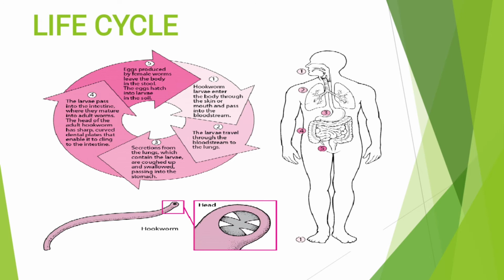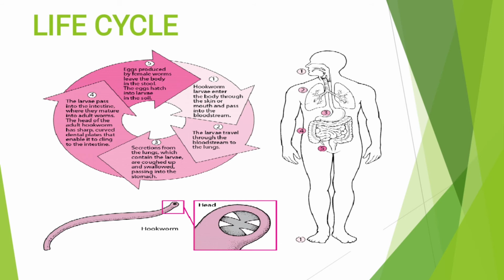The head of the adult hookworm has sharp, curved dental plates that enable it to cling to the intestine. The last part, the fifth, is that eggs produced by female worms leave the body in the stool, and then the eggs hatch into larvae in the soil and start another cycle.